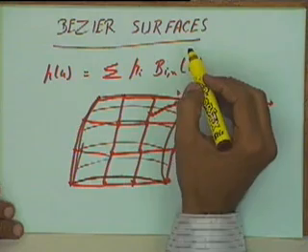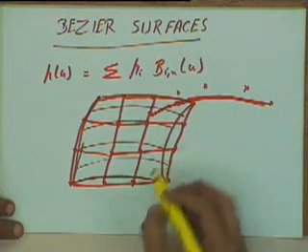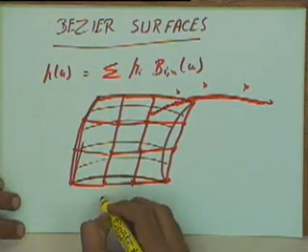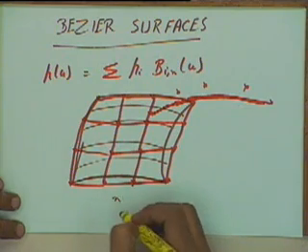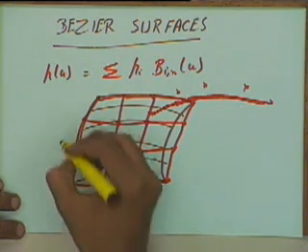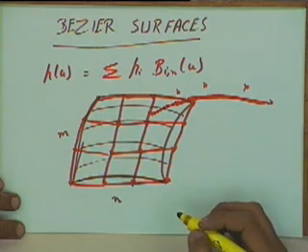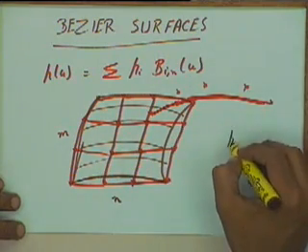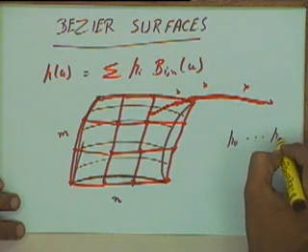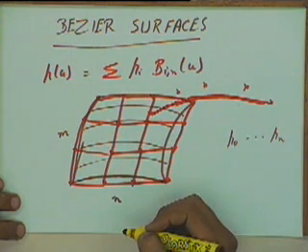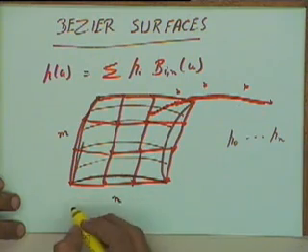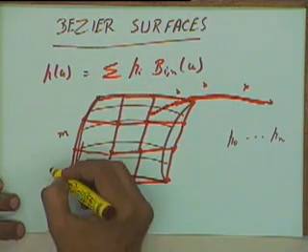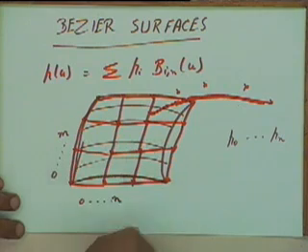So we can define a Bezier surface in this manner, where in one direction we can have n plus 1 points, in the other direction we can have m plus 1 points. Earlier we were defining our points from P0 to Pn. Now in one direction we can have points going from 0 to n, in the other direction from 0 to m.